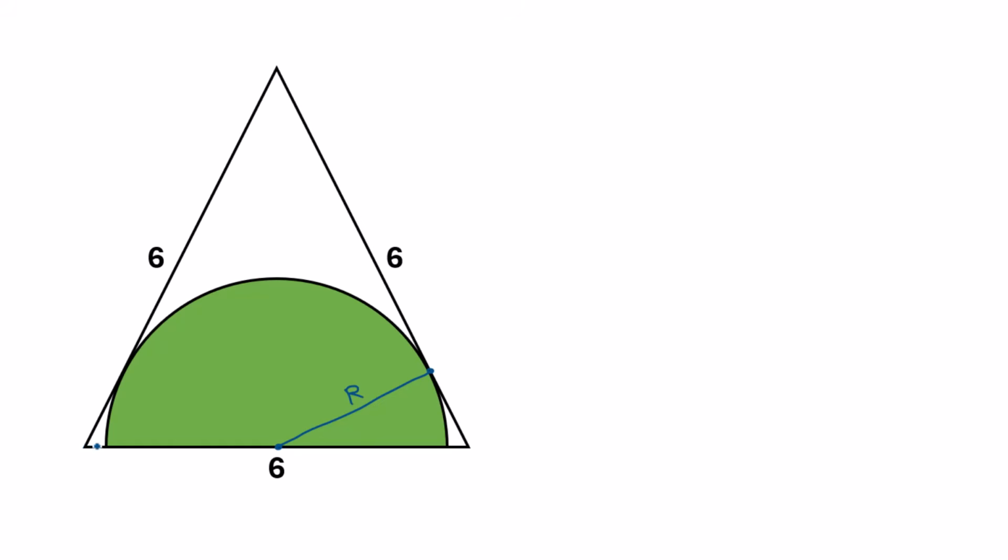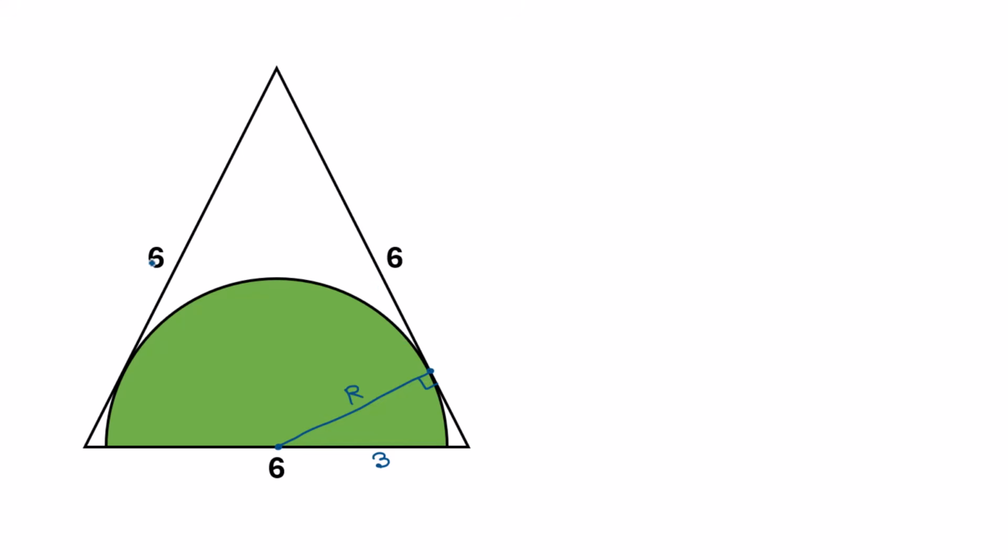and this side length of this triangle is 6 units, and this will be half of this line, so this length will be 3 units. So this length from the center to this corner of this triangle, and this angle will be 90 degrees.